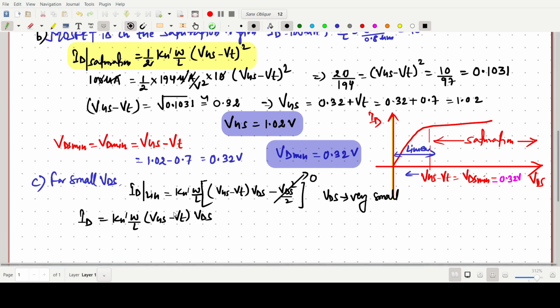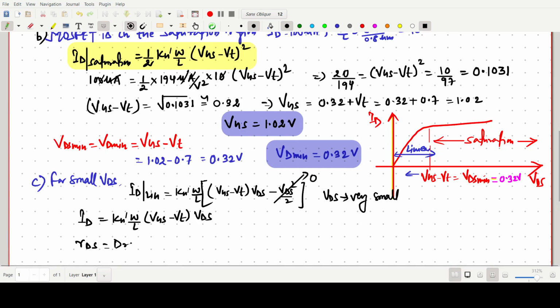So this one is the expression when the device is in the triode region, but VDS is very small. In this case, we can find the value of RDS, the small signal drain to source resistance.